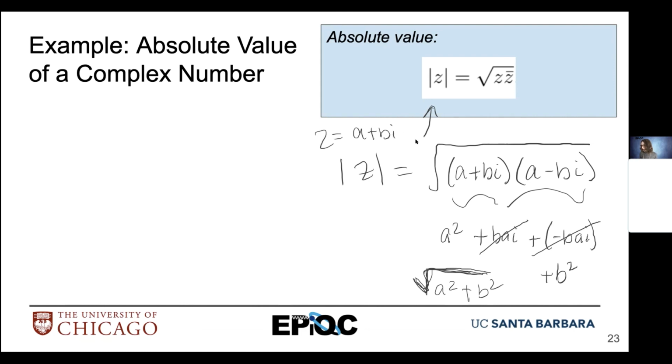So even though they have the i value in there, we end up getting real values associated with the absolute value. Here we're taking the square root because we're working with absolute value, but if we're taking the absolute value squared, we would just be left with a squared plus b squared associated with our complex number z.